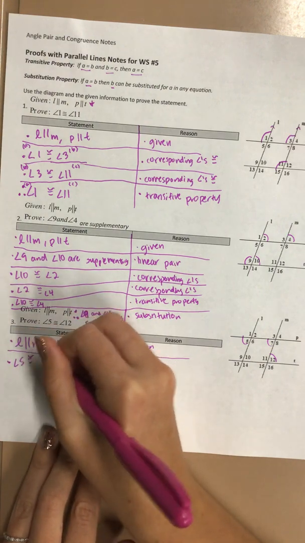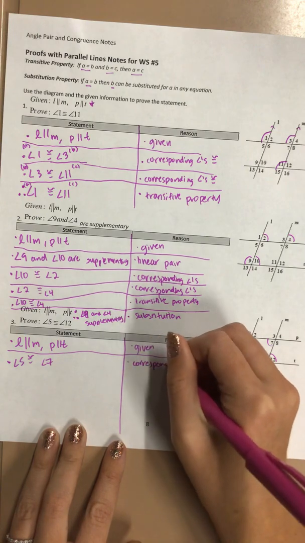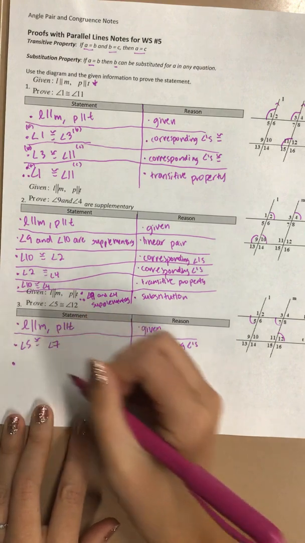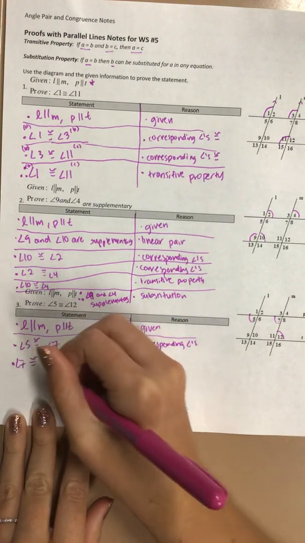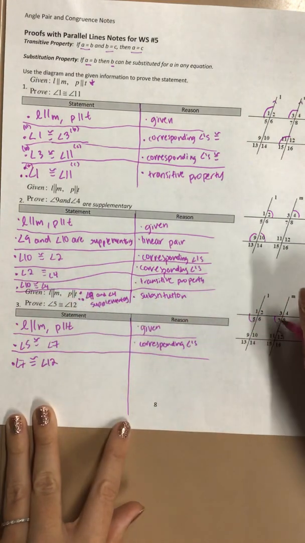Yes, they are corresponding and congruent angles. And then we can say that 7 and 12 are congruent. And that is because they are alternate interior.